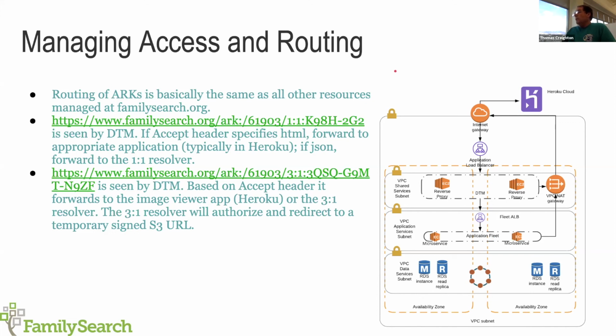We do it that way for a variety of reasons, as opposed to simply returning the image straight through this infrastructure. It has to do with scale and availability. But in any case, that's how we handle ARK resolution.